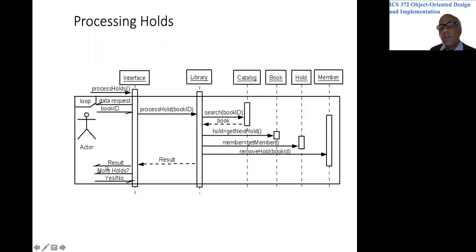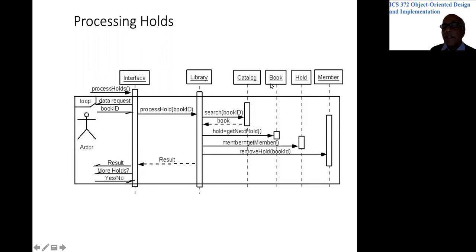You see how it flows? We get the book object, and from that we get the hold object. From the hold object, we get the member object, and we have to now remove the hold from the book as well as the member.